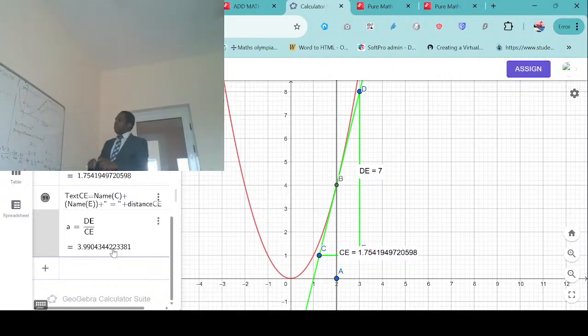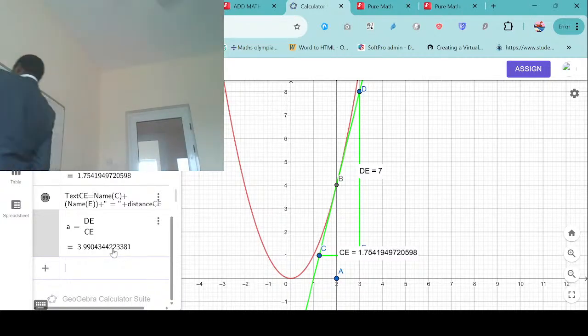So let me say, for example, our change is 0.1. Since in this question we're looking for the value of the gradient at x equals 2, the gradient function at x equals 2 is 2 times 2, 4, plus change in x.